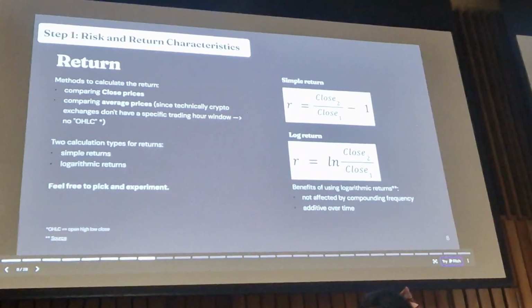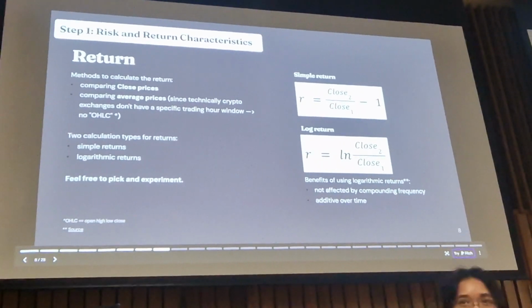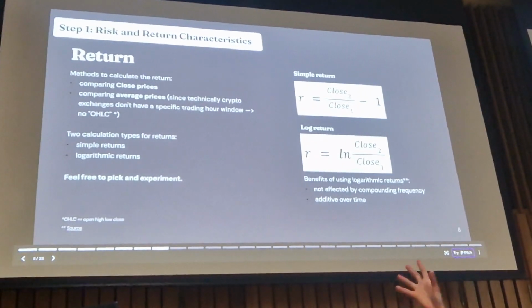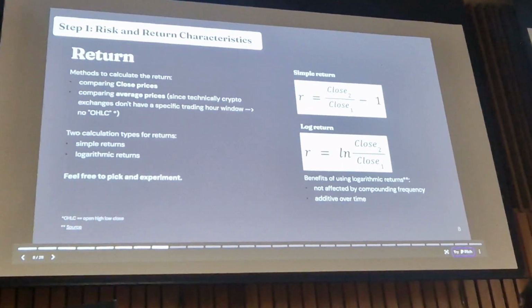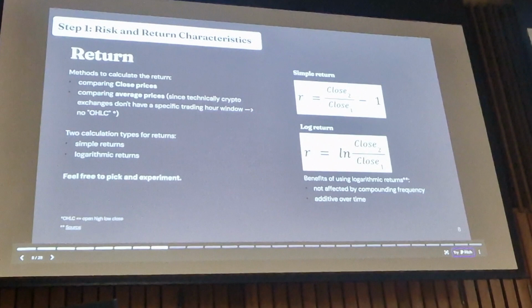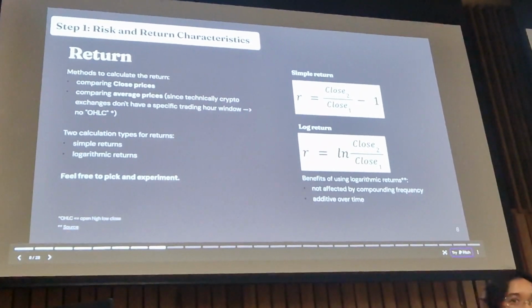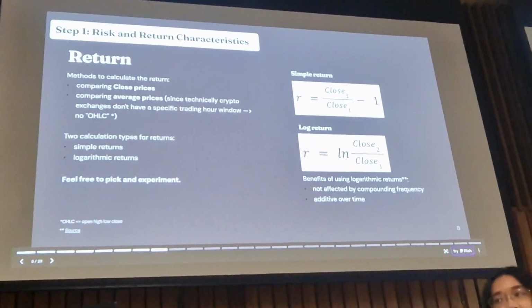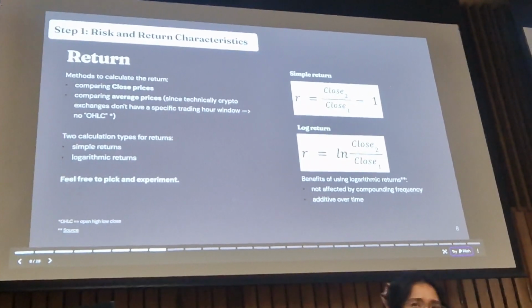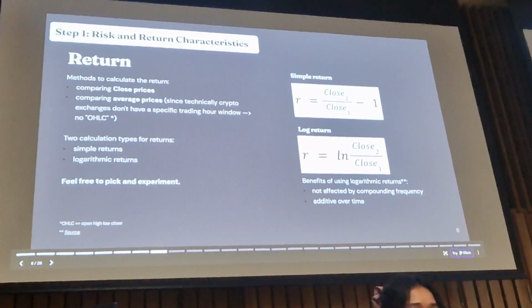Yeah, so the equations. You can calculate returns with the simple returns, basically the fraction of the difference, or the logarithmic, but that depends on your purpose. In my case study, it doesn't really matter, but logarithmic is more used if you want to evaluate in the time series.